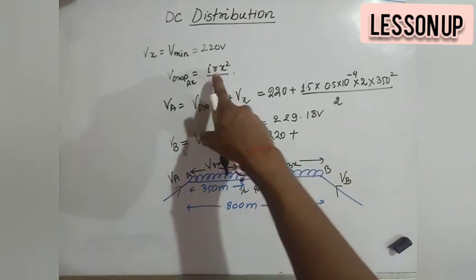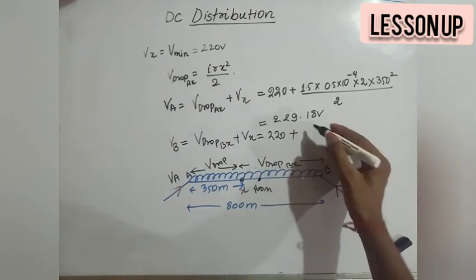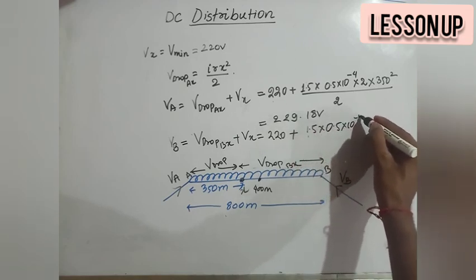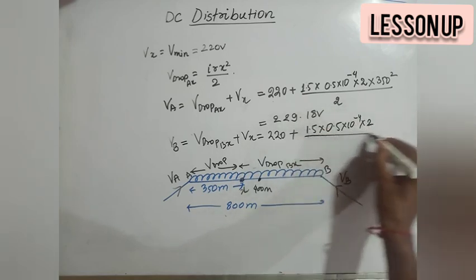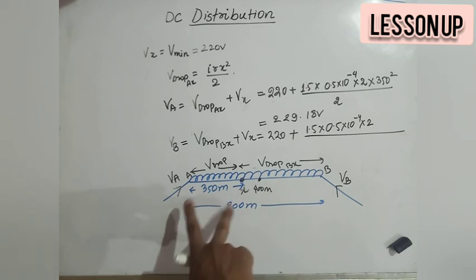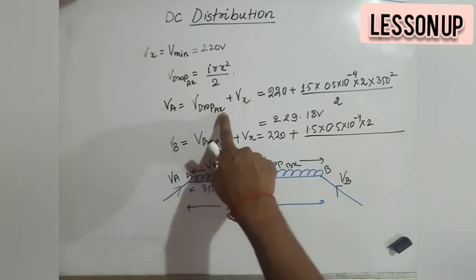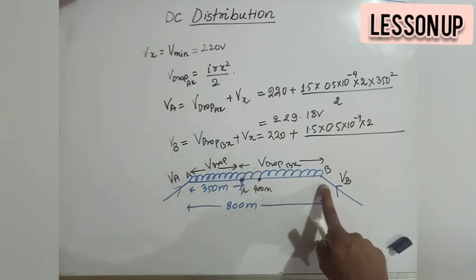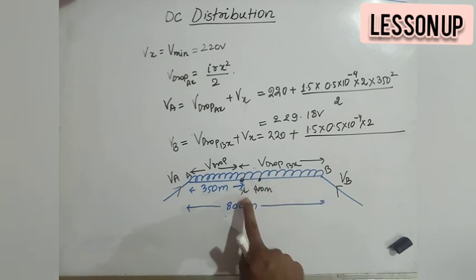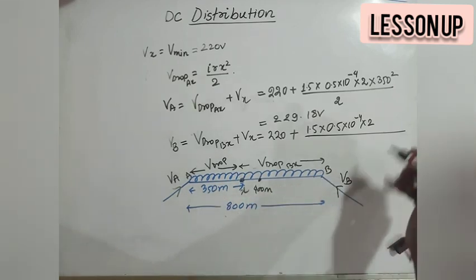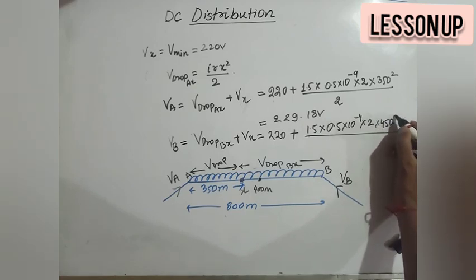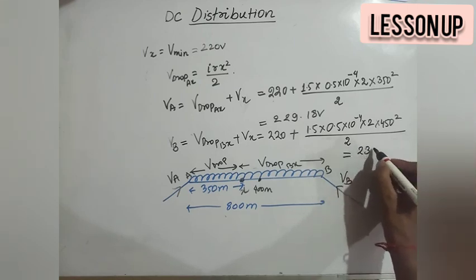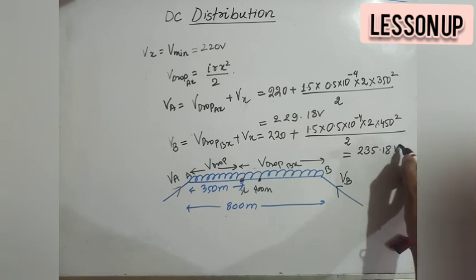It will be IR, that is 1.5 into 0.5 into 10 to power minus 4 into 2. When we calculated voltage drop across AX, we took the distance between A and X. Now we are calculating BX, so we need to take the distance between B and X. The distance between B and X will be 800 minus 350, that is 450 meter square divided by 2, which will give you 235.18 volt.